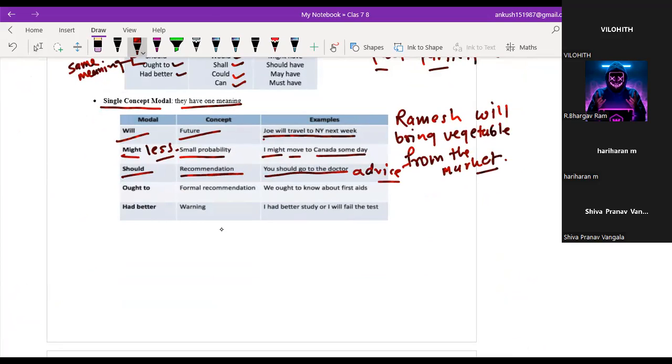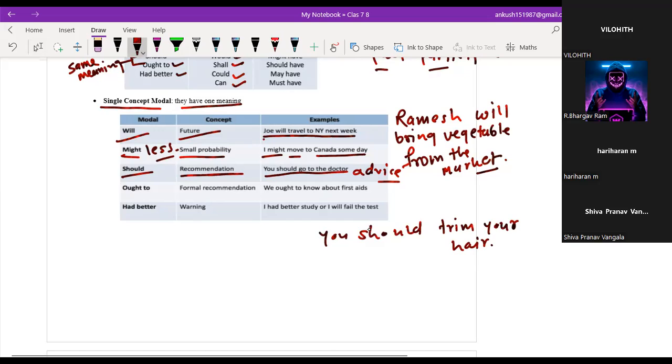If I suppose say, you should trim your hair, this is a suggestion or recommendation. If your hair is long, you may go there.